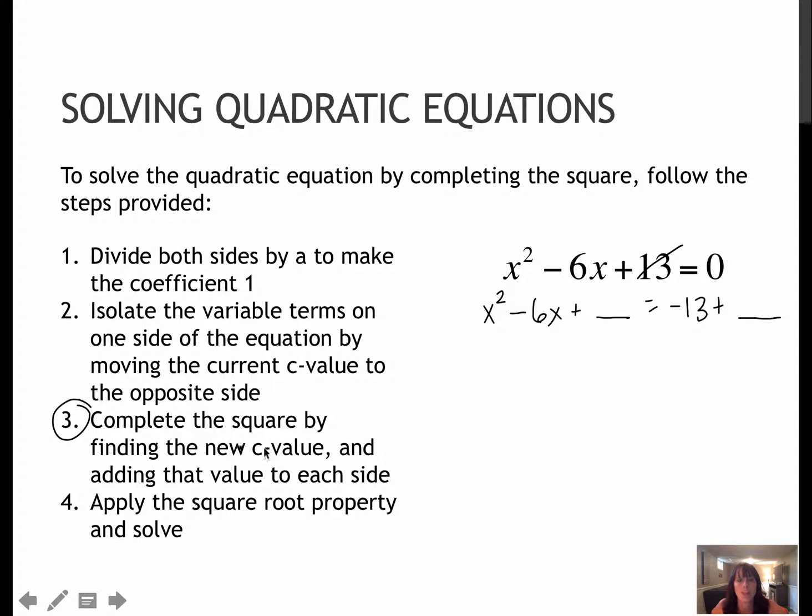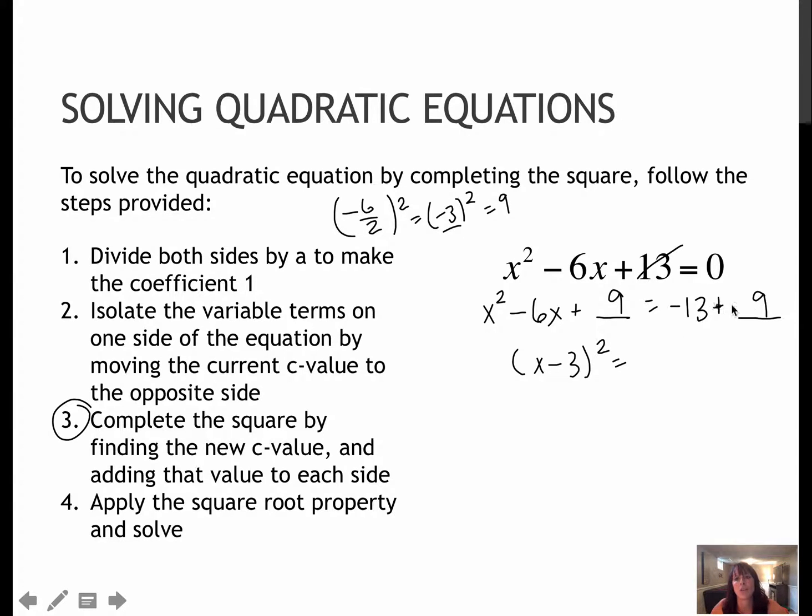So complete the square by finding the new c, which we do by taking our b value in half and squaring it. Negative 6 divided by 2 is negative 3. Squared gives me 9. So that's the value that's added here and here. Now we're going to use the square root property because this is now a perfect square. So I'm rewriting this as (x minus 3) quantity squared.